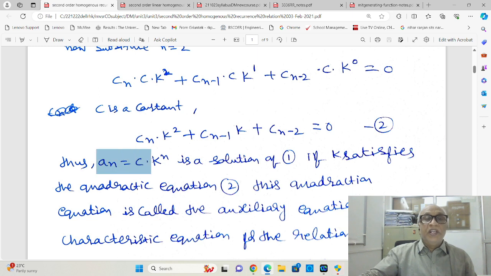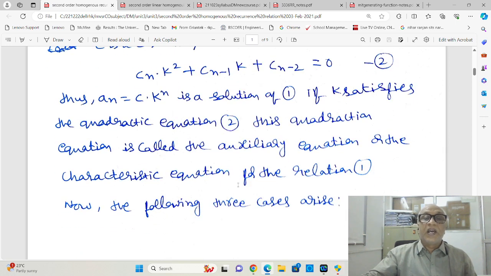This is our solution, an is equal to c k^n, which we replaced in our recurrence relation form. This will be a solution if k satisfies this quadratic equation. Then this quadratic equation is called the auxiliary equation or the characteristic equation for the relation 1.